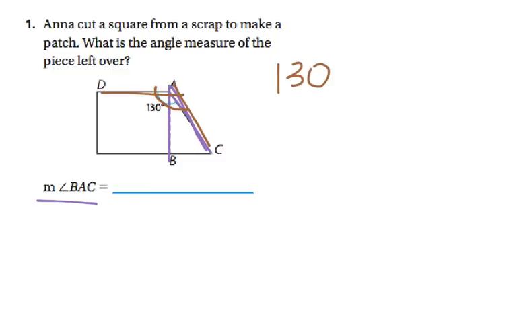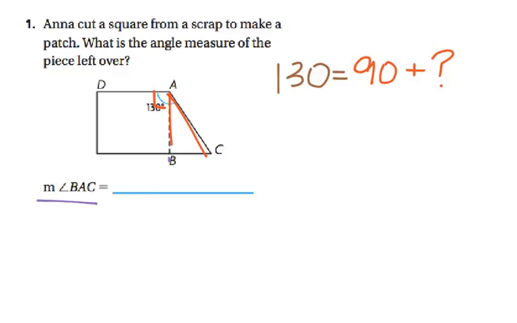And I know that that is formed by two angles coming together. I have a right angle coming together. You can see my right angle right there. And my unknown BAC angle, so I'm going to put a question mark.